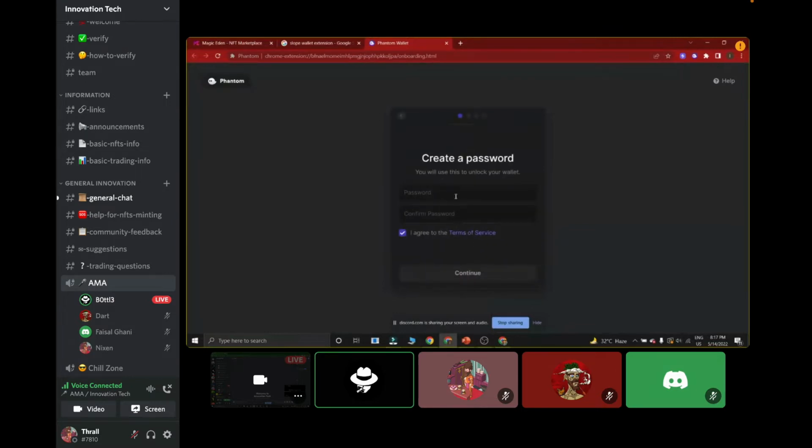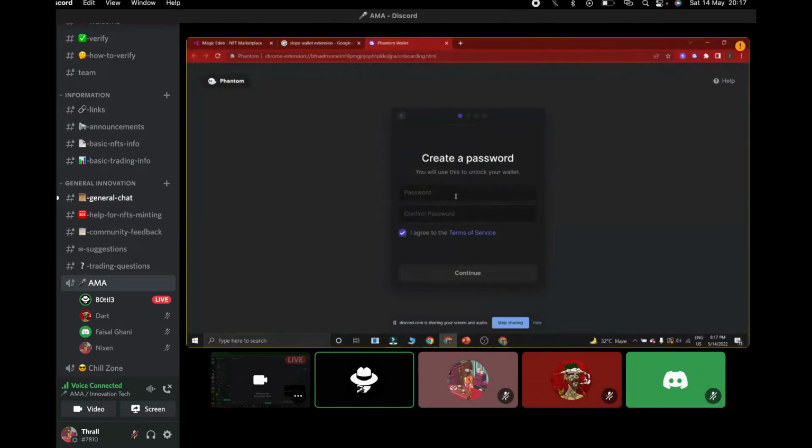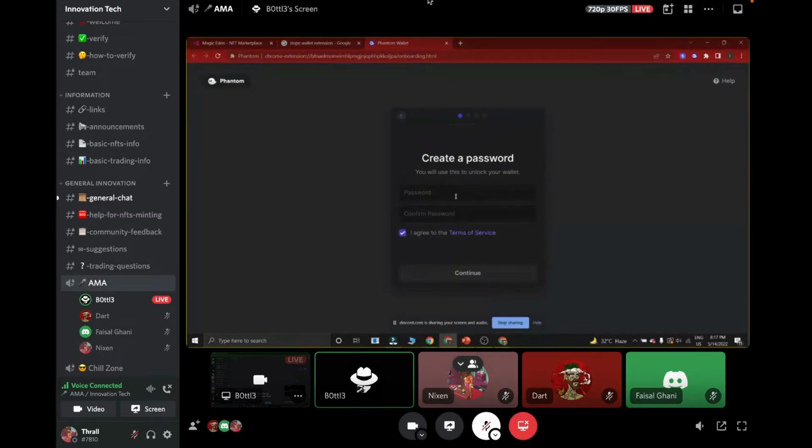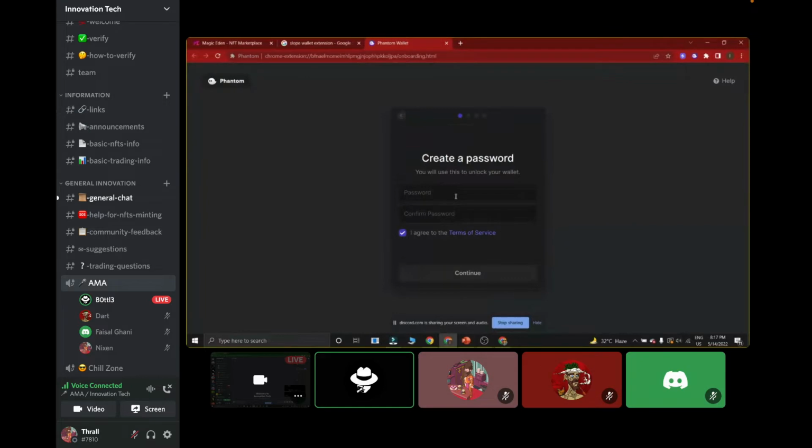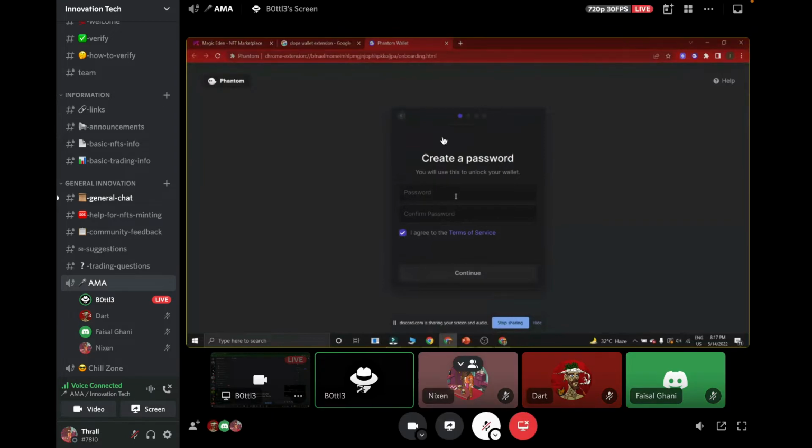Here you are supposed to create a new password. In the web 3.0 world, you are not supposed to give your mobile number, your email ID, or any of your personal information. You just need to create a password and then you can use the wallets. So let's make a password over here.